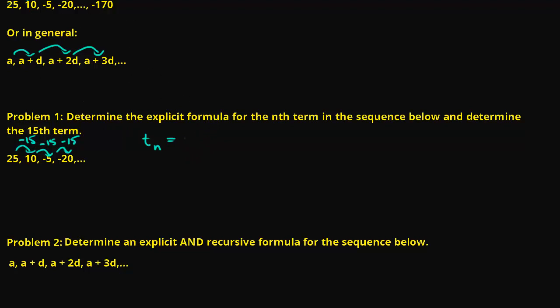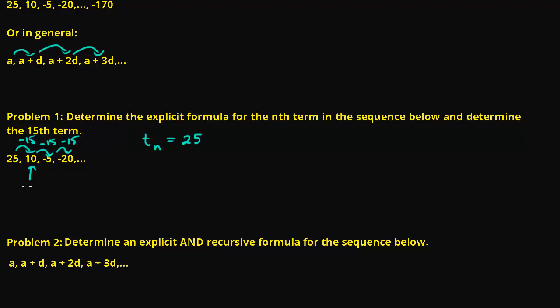Let's think about writing the nth term in terms of the first term. So here we've got 25, and let's think about how many times we've added the common difference to the first term to get the nth term. To get the second term, I have added negative 15 once to the first term.